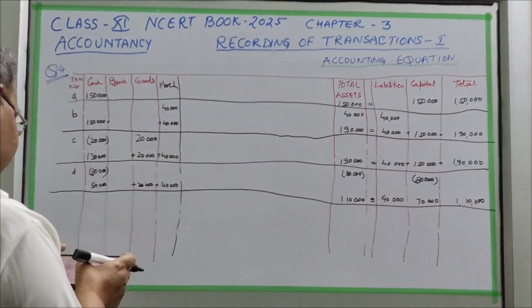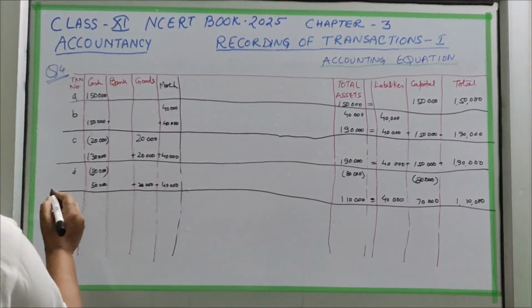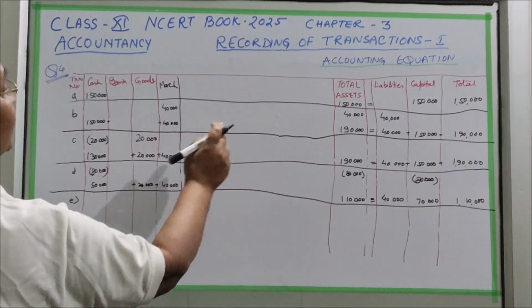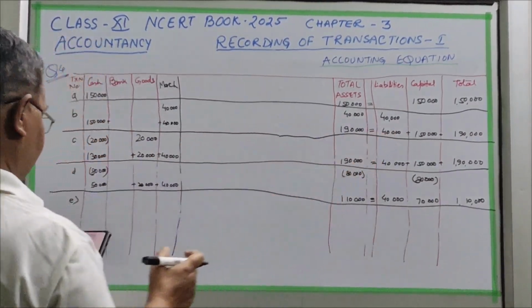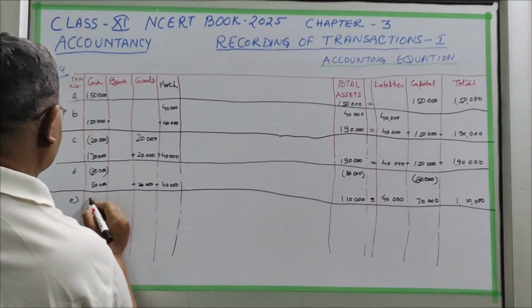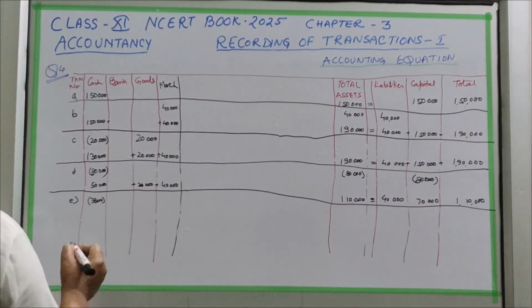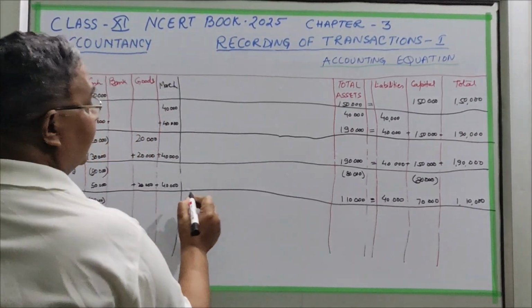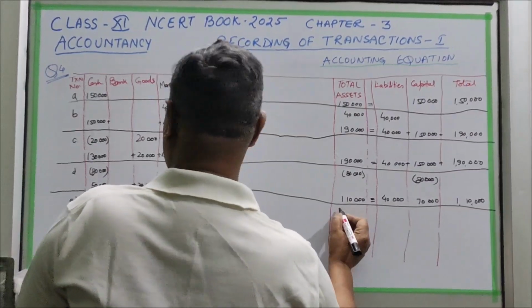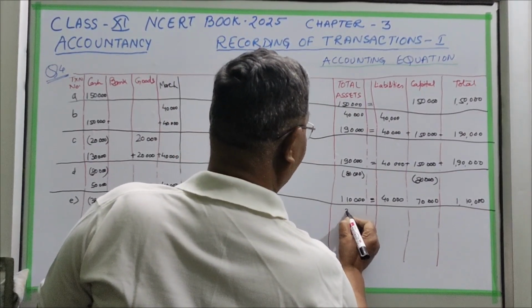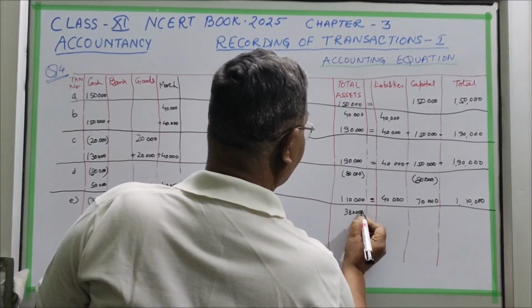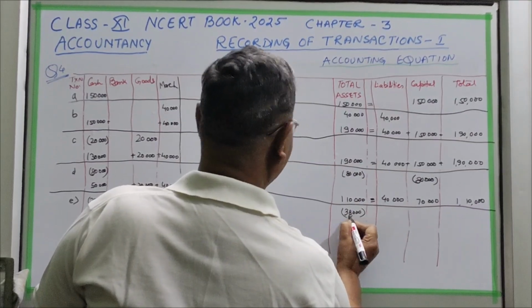Then paid to creditors in full settlement. Creditors are 40,000, and you have paid 38,000. So 38,000 goes out of cash, so you reduce cash by 38,000.